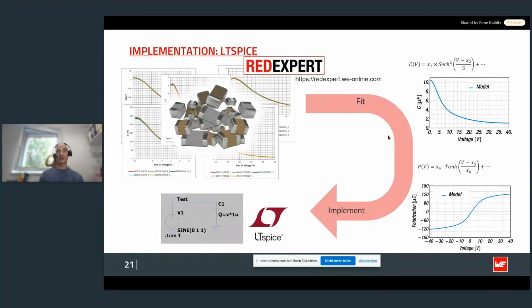So what we did together with the colleagues from the technical marketing is the following. The measured capacitance voltage graphs, which are also freely available at the online database RedExpert, are taken and fitted with a model. With the fitting parameters, it is then possible to directly obtain the corresponding polarization or charge equation.